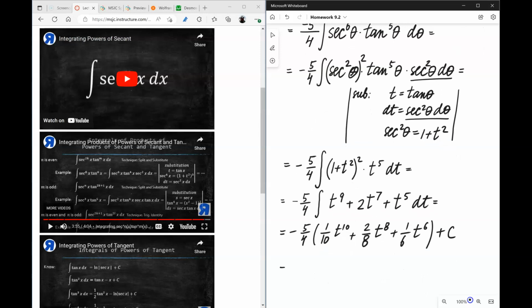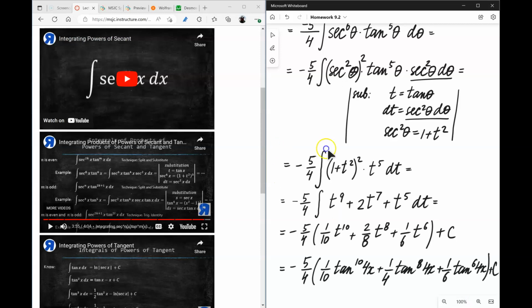So the final answer is 1/10 tangent to the power 10 of 4x plus 1/4 tangent to the power 8 of 4x plus 1/6 tangent to the power 6 of 4x, and all that plus c. That's the final answer.